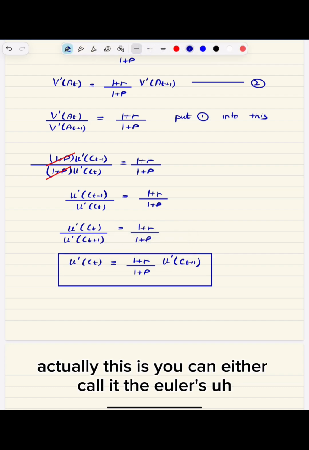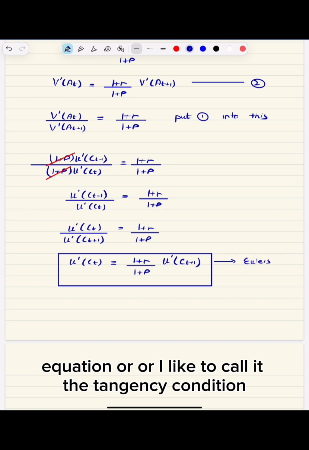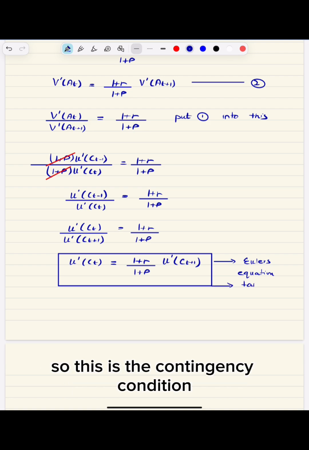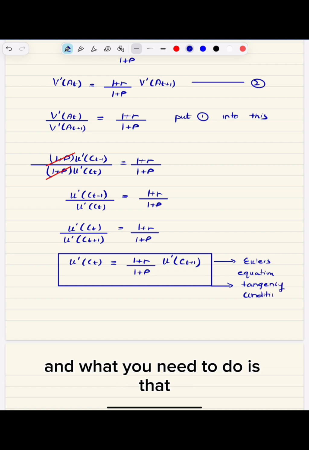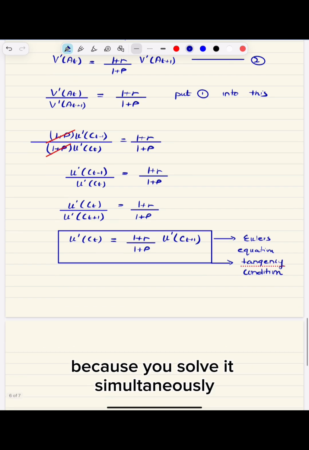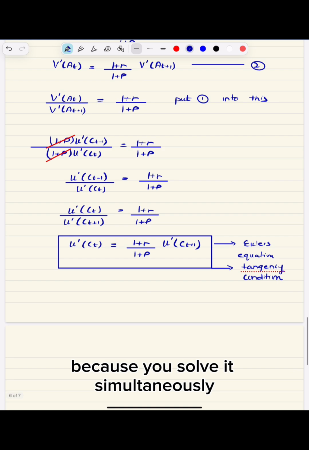You can either call it the Euler's equation, or I like to call it the tangency condition. What you need to do is that this basically helps you find the optimal level of consumption because you solve it simultaneously.